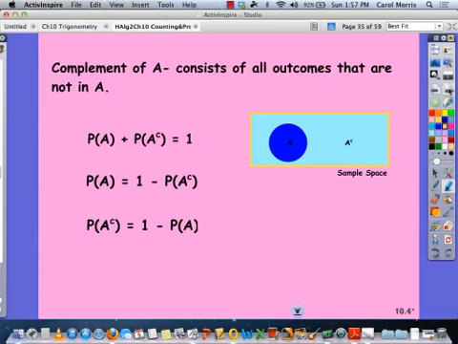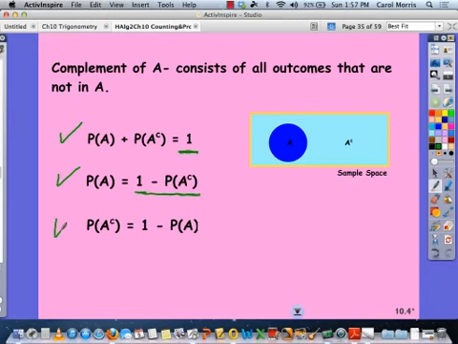So think of these three statements, and they're all legitimate. You can use any one of them as an idea to set up your formula. So if you know that you have the probability of A plus the probability of its complement, it has to equal your whole space, 100%, which is 1. If you know the probability of A happening, you also know that it's 1 minus its complement, so the whole space minus the complement part is left.